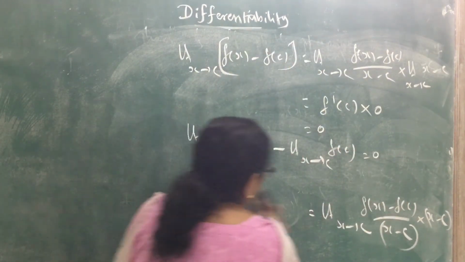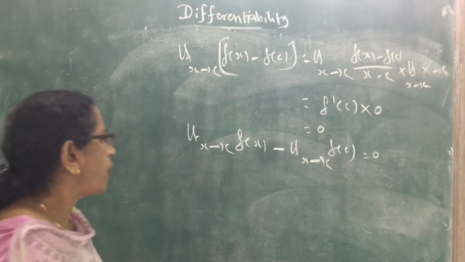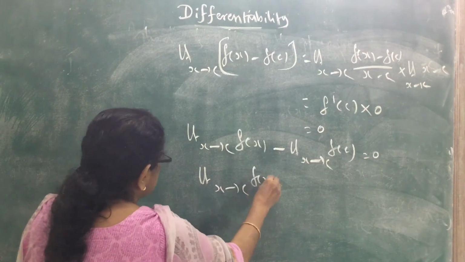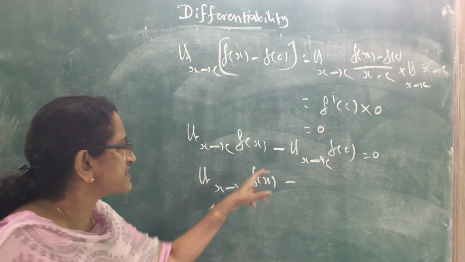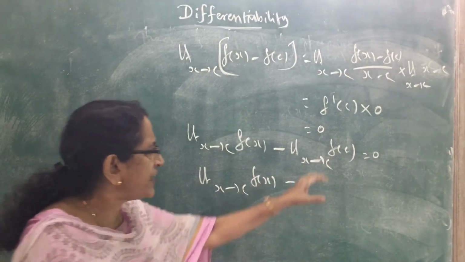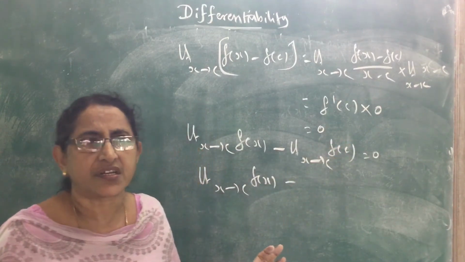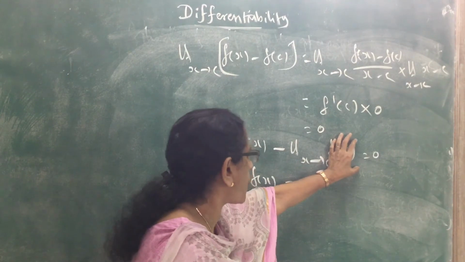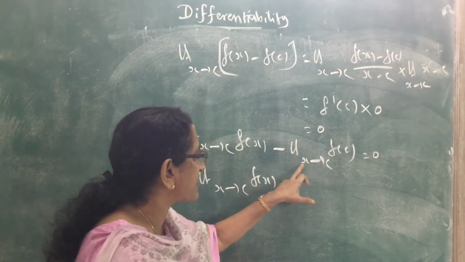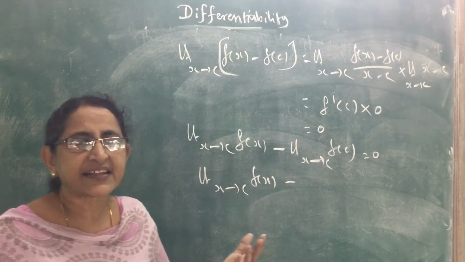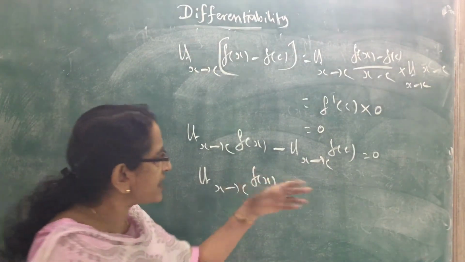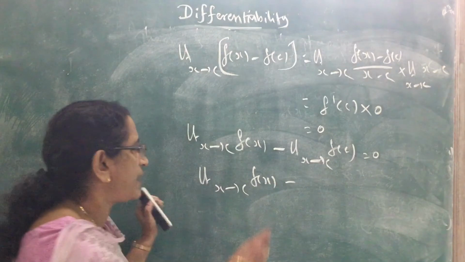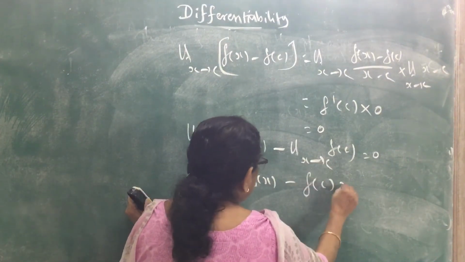What is limit x tends to c, f of c? We know f of c is a constant value of the function f of x when x equal to c. So this is only a constant. When there is x, we substitute x equal to c. Here there is no x, it is only a constant. So when we apply the limit, we get the same, f of c.